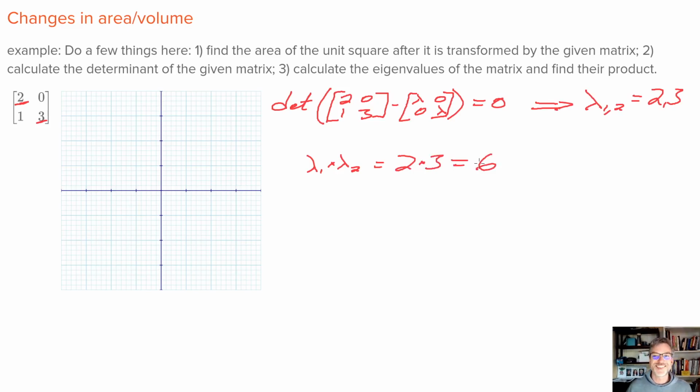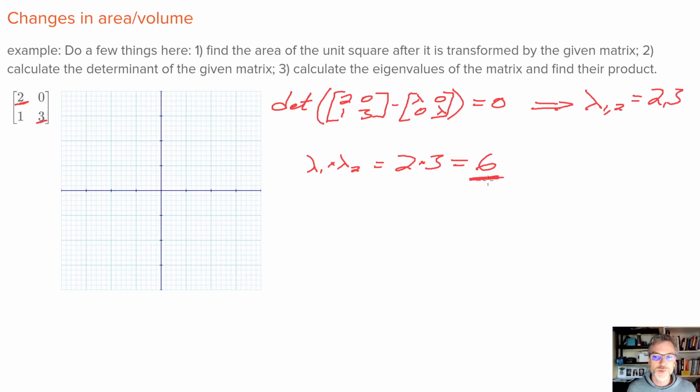That's not a coincidence that the change in the area of that unit square is 6. The original unit square was area 1, and now the image of it under that matrix multiplication is 6. So it's 6 times the original area.